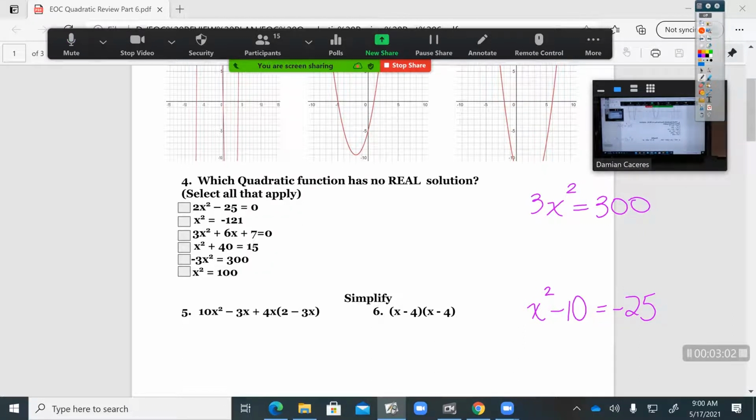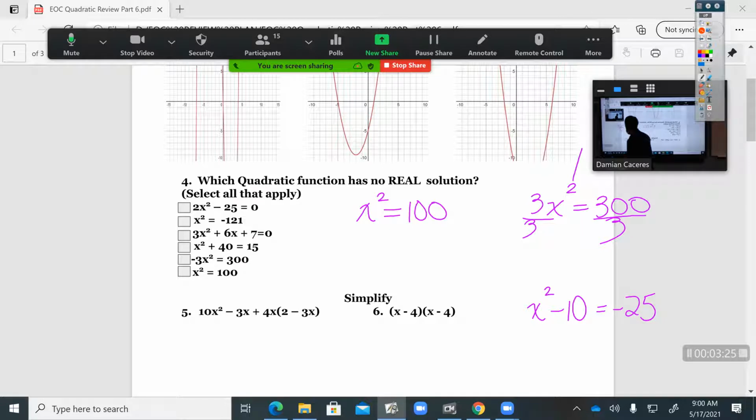So look at the first one. The goal here is to get x squared by itself. So we need to divide by 3 on both sides, and that leaves us with x squared equals 100. Usually to solve, you will put a square root on both sides, and that will give a solution. But they're not saying find the solutions.